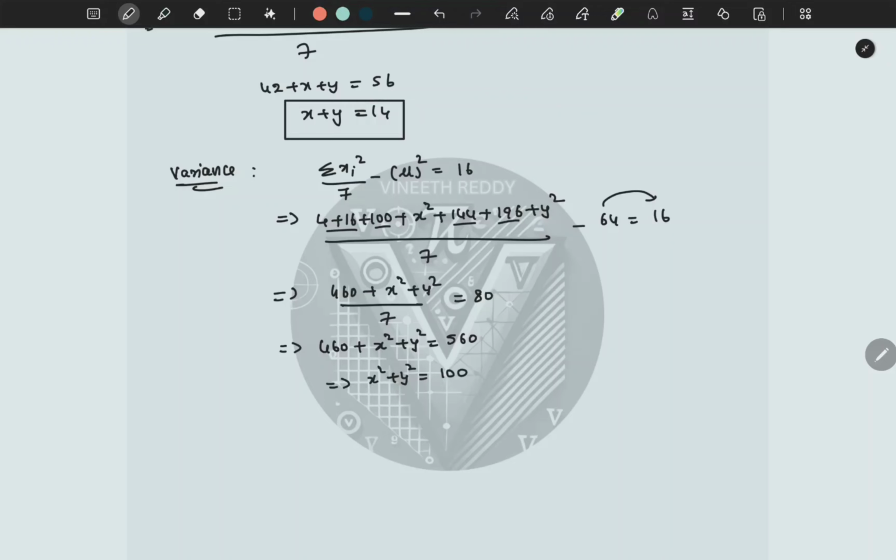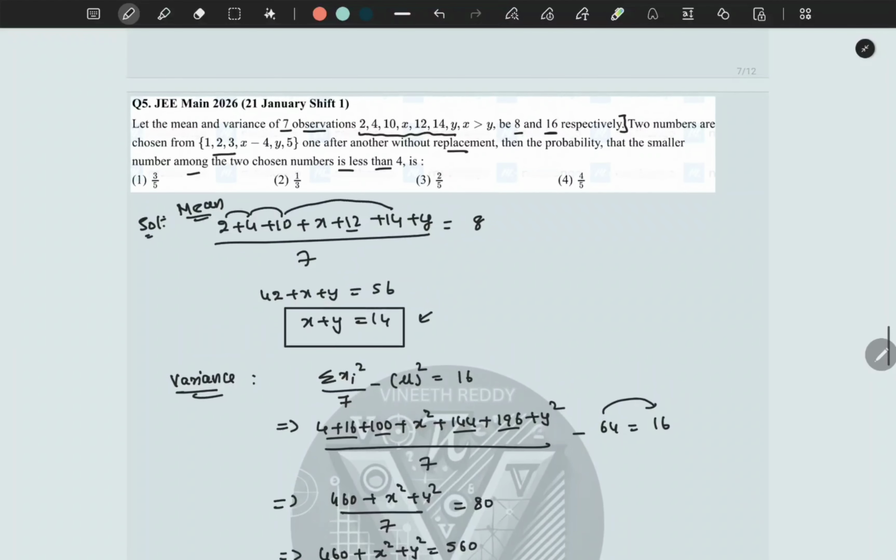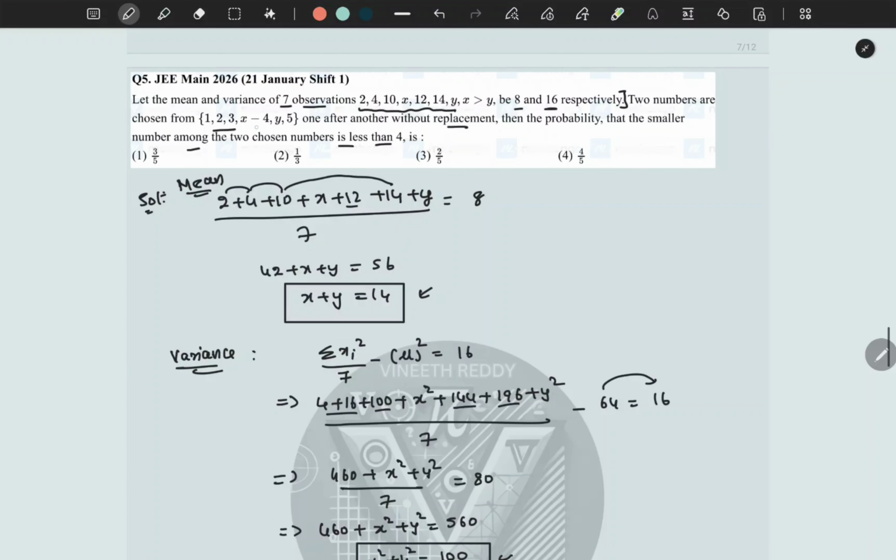Now we need to solve for x and y. One way is to replace y with 14 minus x in this quadratic, or can we directly guess the values? If you carefully see, two numbers are chosen from this, so shouldn't they be integers? Yes.